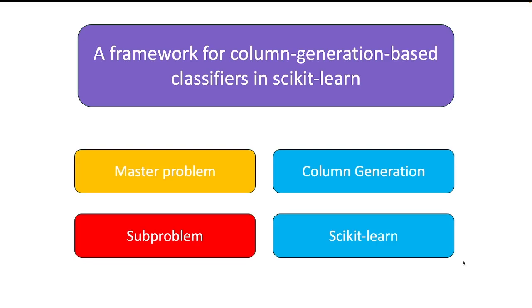The master problem is solved using the simplex algorithm, which has inbuilt mechanisms for warm starting. So you don't have to start from scratch when you solve the master problem in the next iteration; you can reuse the solution generated in the previous iteration.